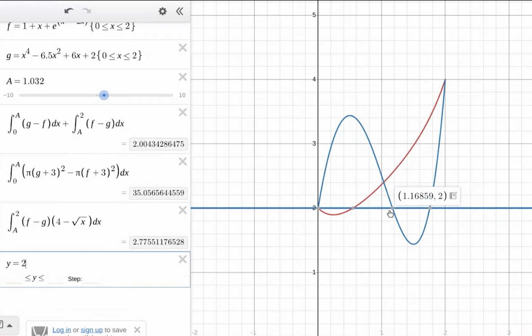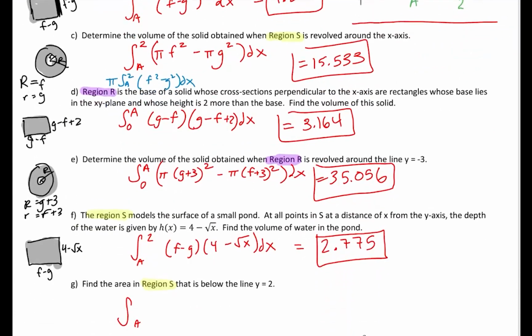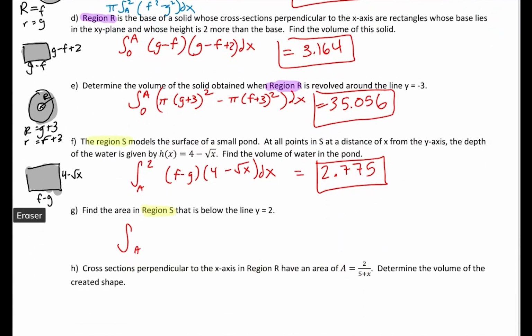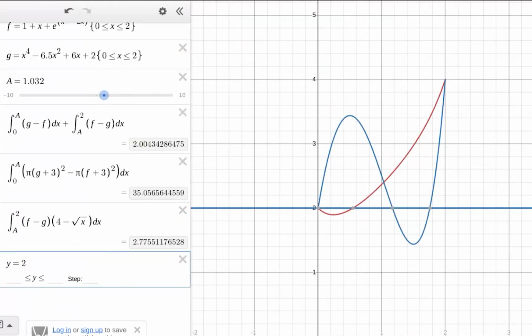And so that's going to be at 1.168 and 1.755. Okay, let's write that down. 1.168, and then the other one, 1.755.